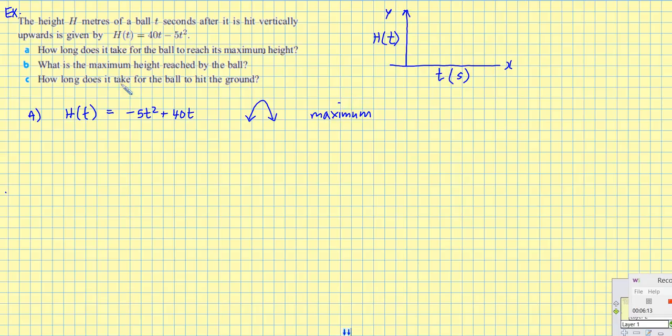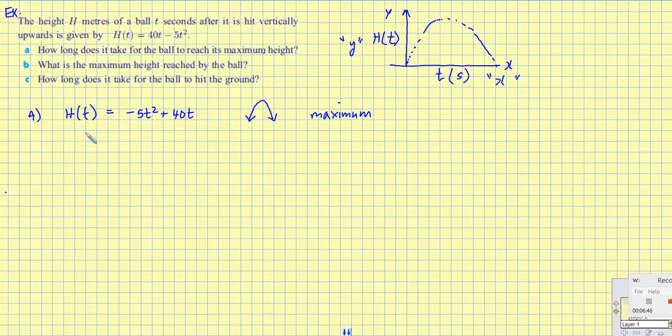So the question is asking, how long is it going to take for the ball to reach its maximum height? Well, I'm assuming that the graph is going to look something like this. That's just an assumption. It starts at time equaling 0 on the ground, I'm assuming. And so I need to find out when it reaches its maximum height. The way I'm going to do that is, the t is my x, the time, and the y is my height.